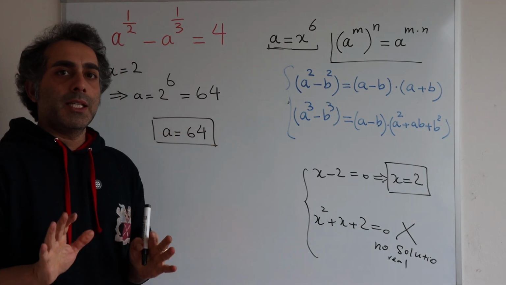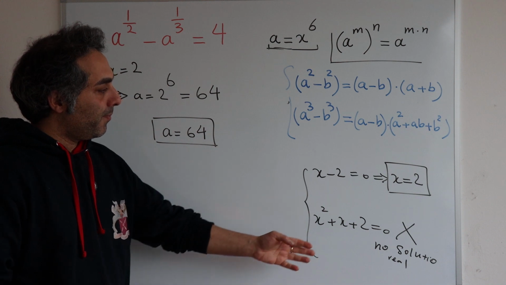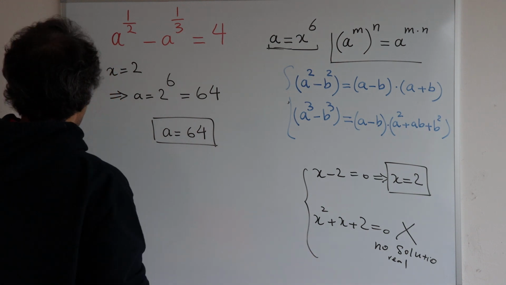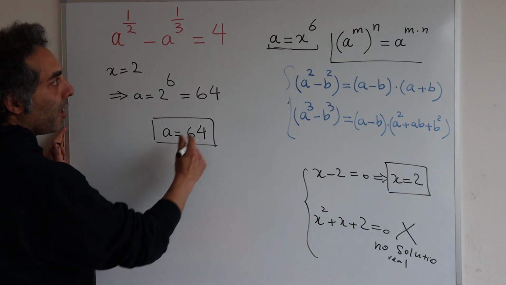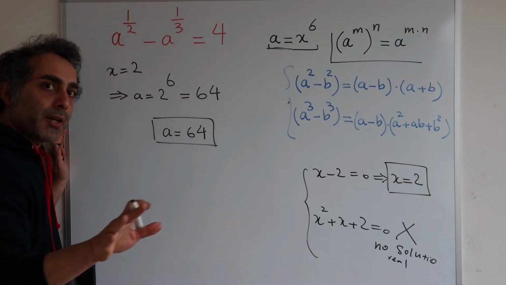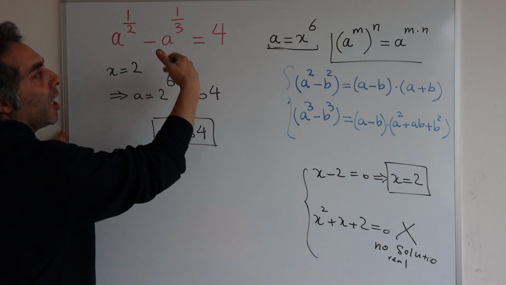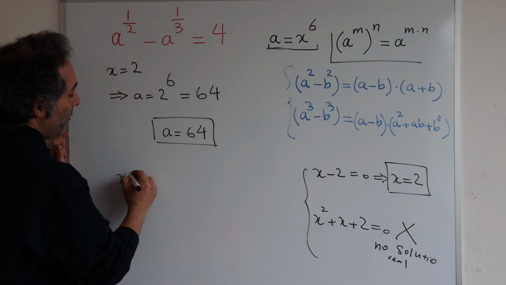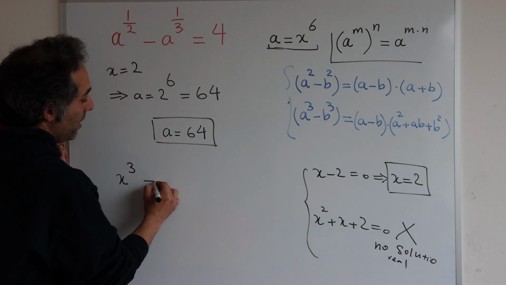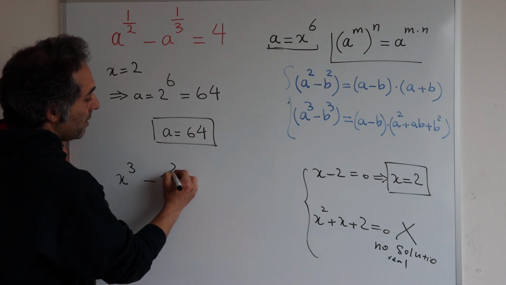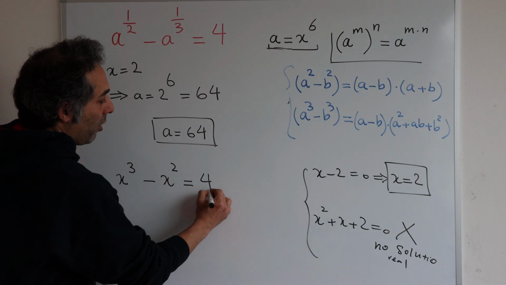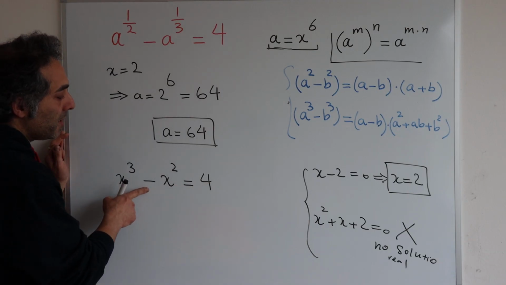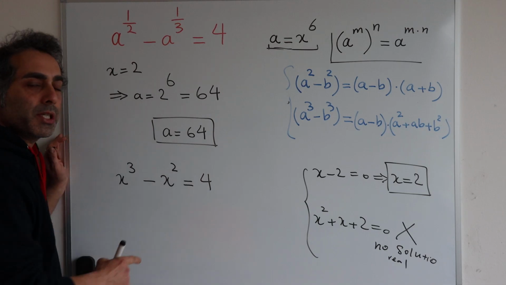But if you're asking why we don't use the imaginary numbers, it's because at the first step, I erased everything, but for the simplified form we had x cubed minus x squared equals 4, and this means x cubed minus x squared should be a real number.